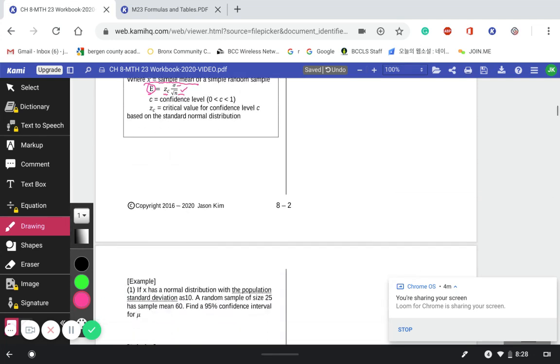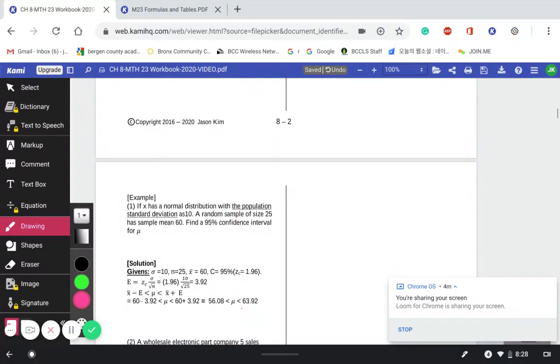So let's practice some of the questions. Okay, so now, what formula are we going to use? X bar minus E and X bar plus E. That will be the range and prediction to get the mean value.